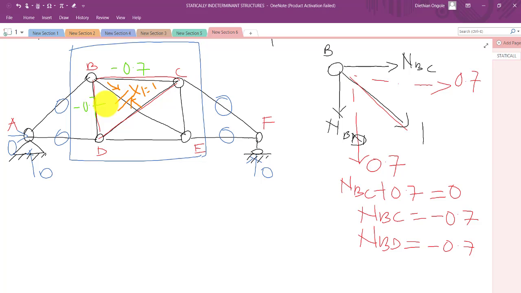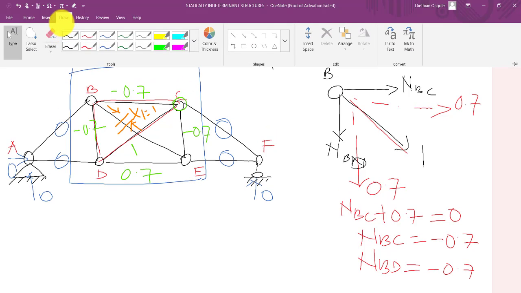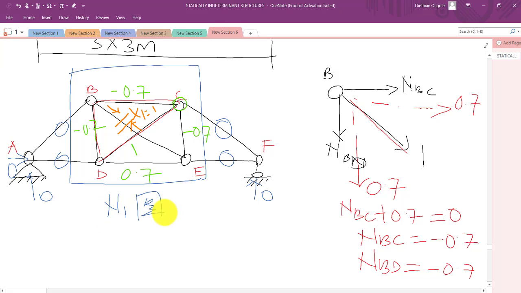Using the same principle, I take a point such as C, and when I follow the same procedure, I'll find that the force on the rod DC would be equal to 1, and then on the CD it will be equal to negative 0.7, then on DE it would be equal to negative 0.7 also. Thus, let me label the drawing as N1, our internal forces N1 have been found.